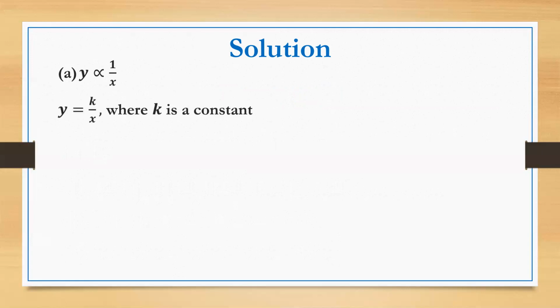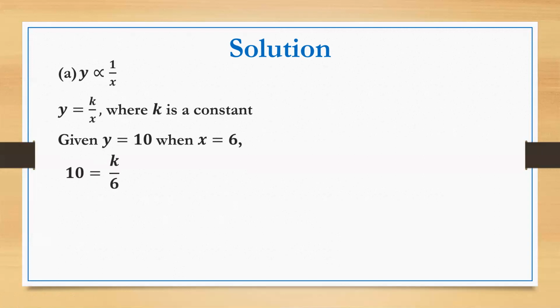So we have been given that y varies inversely as x. So we write it as y equal to k over x, where k is the constant. Now, we were also given when x equal to 6, y equal to 10. So we replace these values in the equation y equal to k over x.